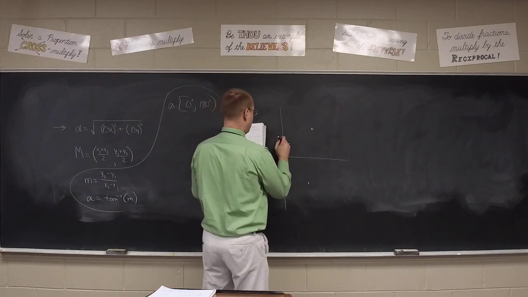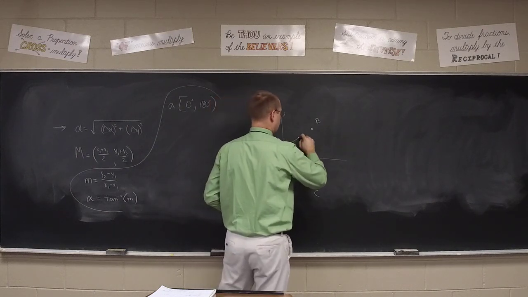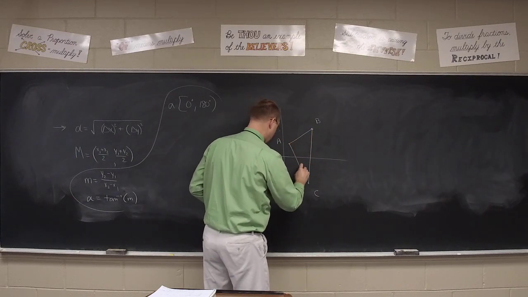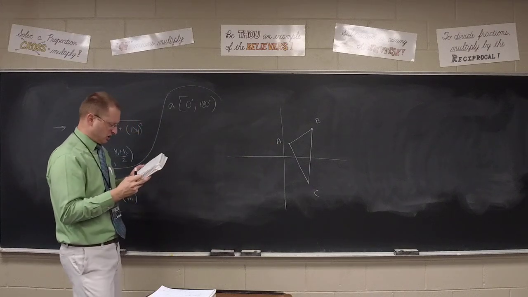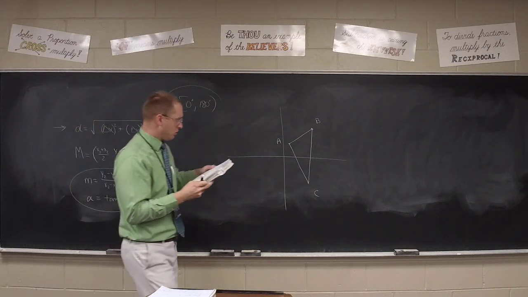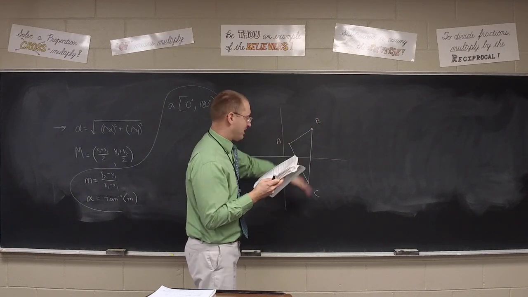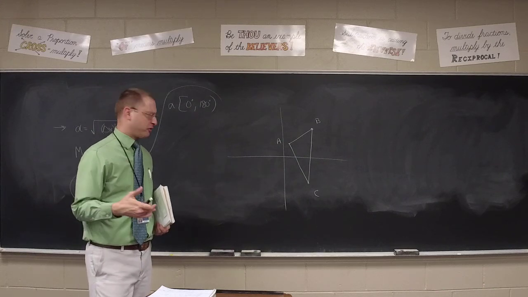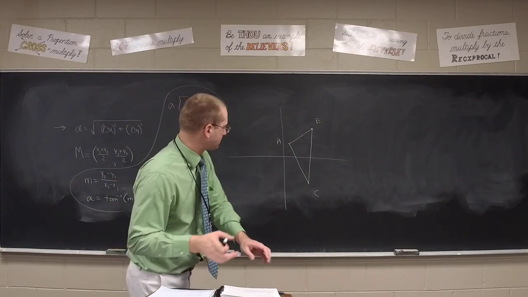So there's A, B, C. This actually looks a lot like the last one we did. We had 2, 3, 5, 7, and 4, negative. I was going to say this looks a lot like the triangle we did in class on Friday, but it's just because the coordinates aren't that different from what we've done before.